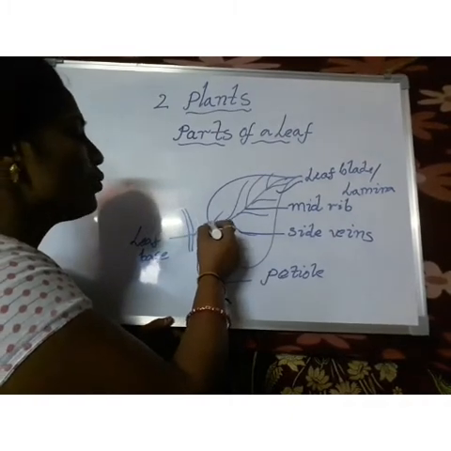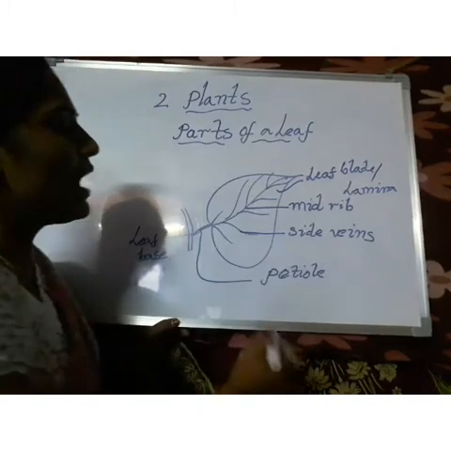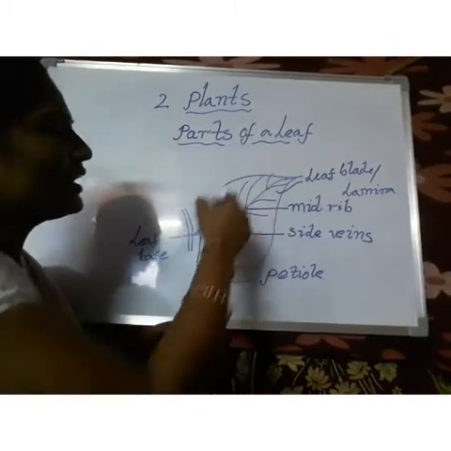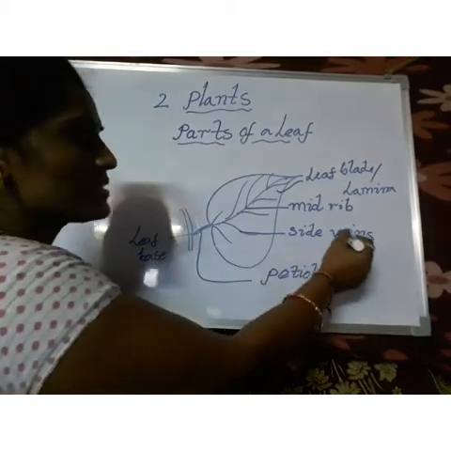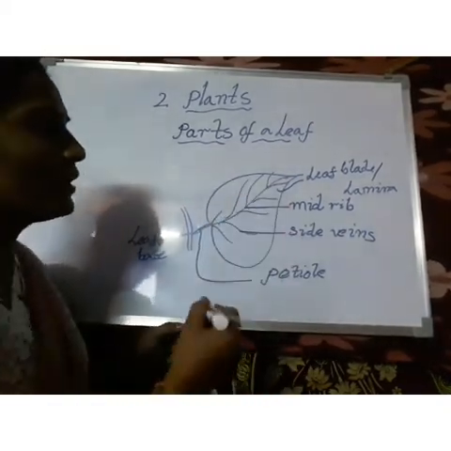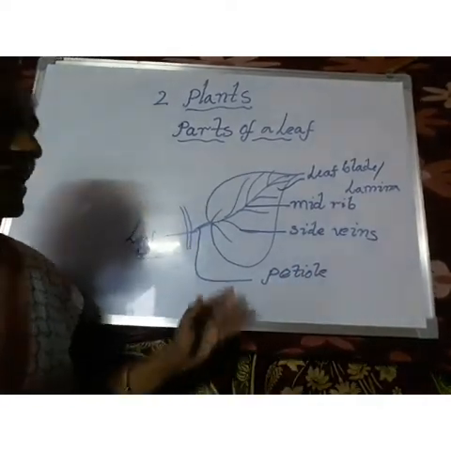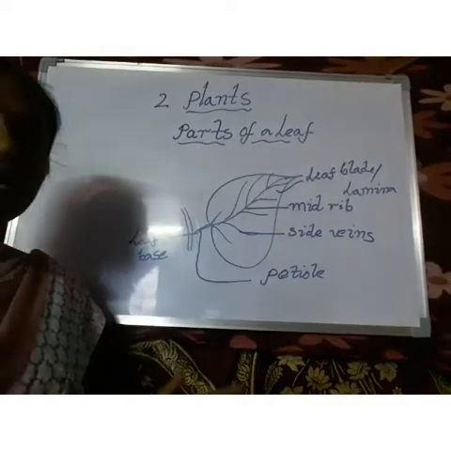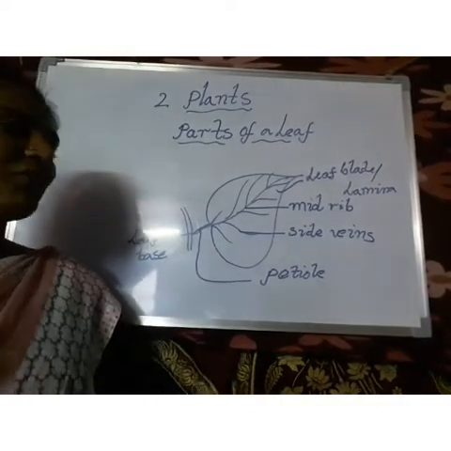From this petiole, one line-like structure comes, that is the midrib, and some small thin structures come from the midrib. They are called side veins, and the flat green portion is called the leaf blade or lamina. These are the main parts of a leaf. Now we have to know what this leaf can do.